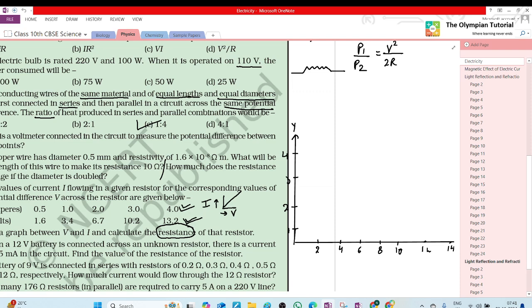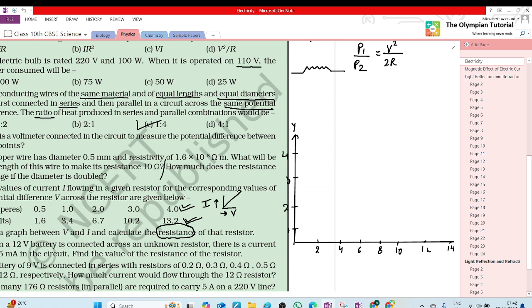Aikta, can you tell me? No? Okay. What about Thania? Thania, did you also get a straight line? Yes, ma'am. Okay. So how will you calculate the resistance of that resistor?